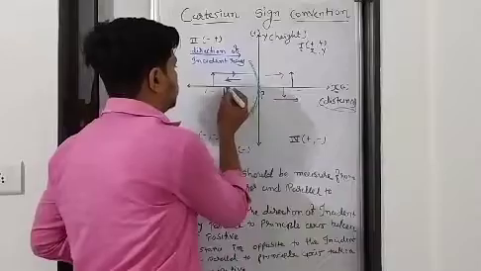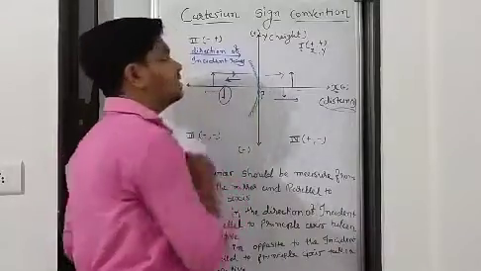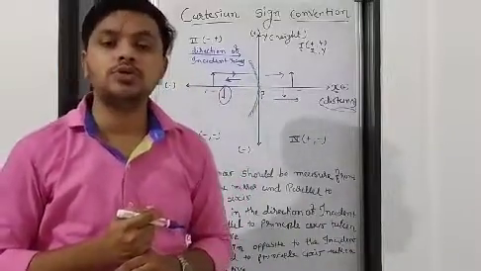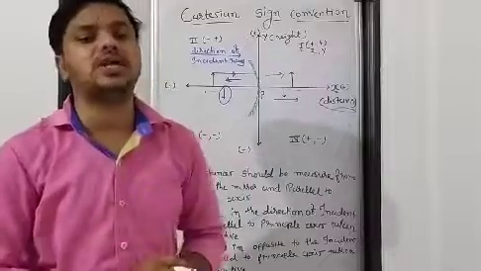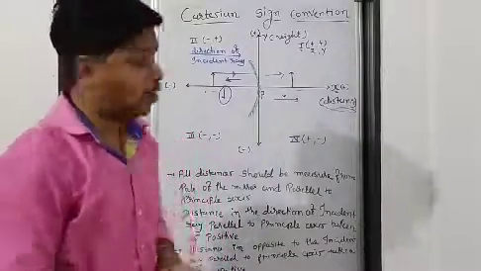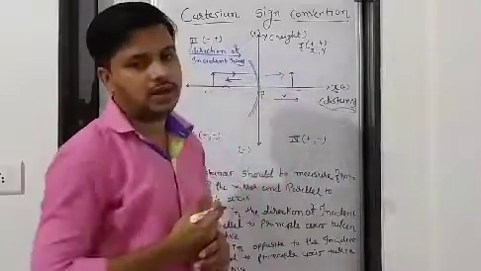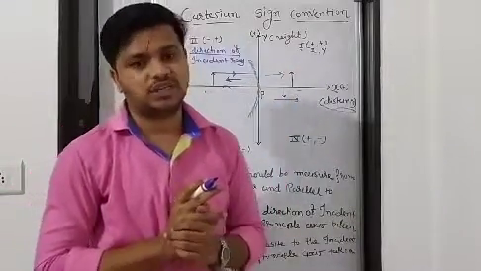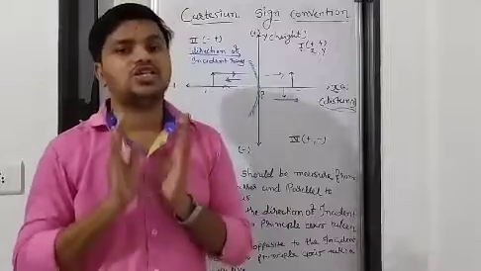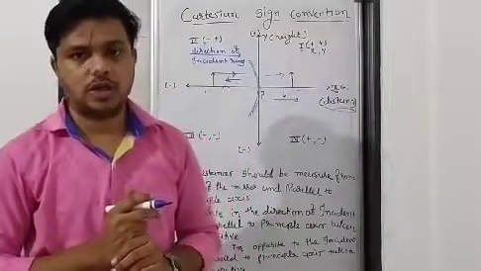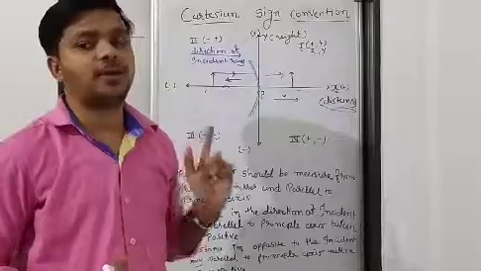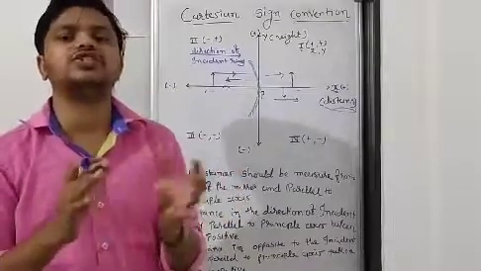And if an image is formed on this side, then you have to take the distance of that image as also negative. But if the image is on the other side of the mirror, then you have to take it as positive, according to the Cartesian sign convention. Right? This is also the law, but it is easy to understand this way.